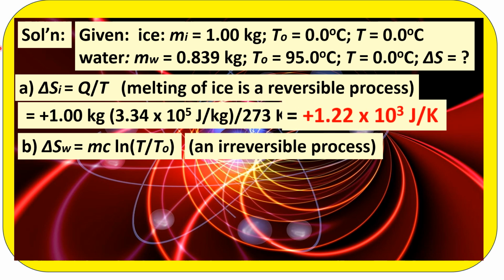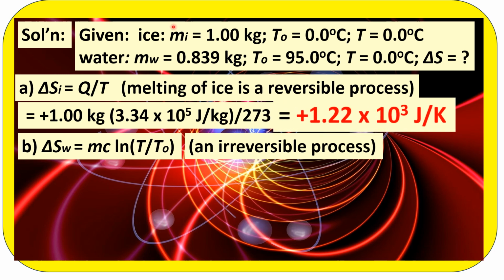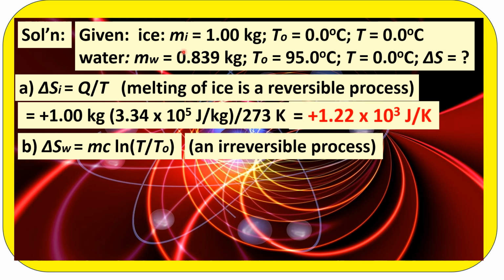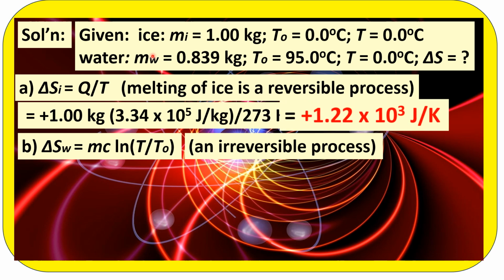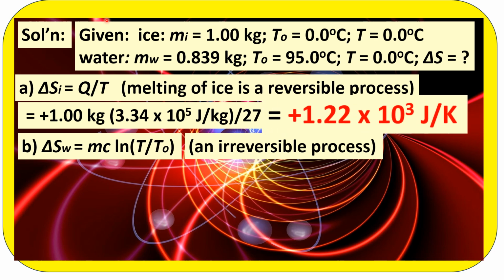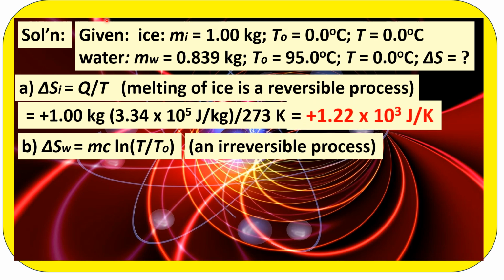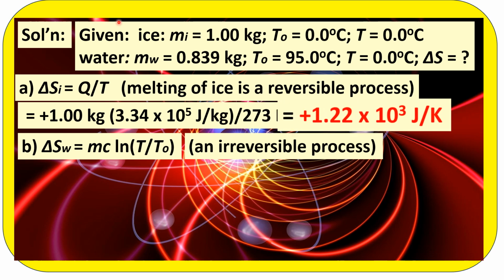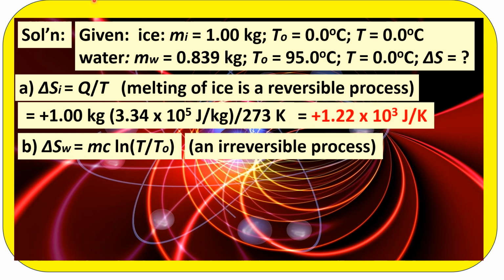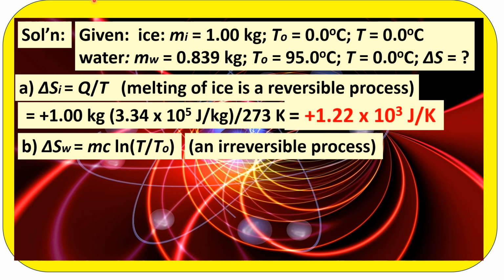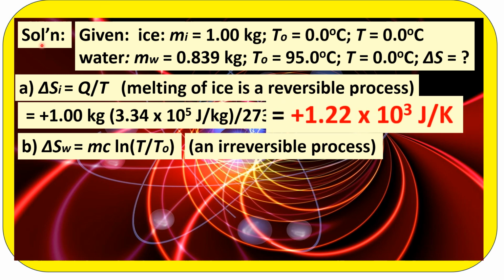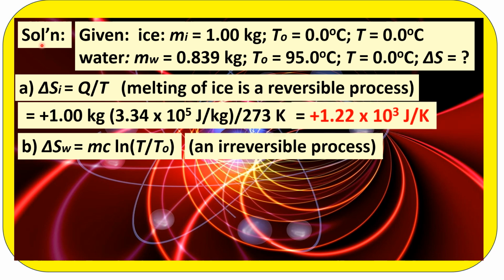Delta S_W is just equal to the product of the mass of water multiplied by its specific heat, which is also given in the problem, and then we multiply it to the natural log of the ratio of the final temperature, capital T, over the initial temperature, T naught. So both T and T naught are in Kelvin temperature.